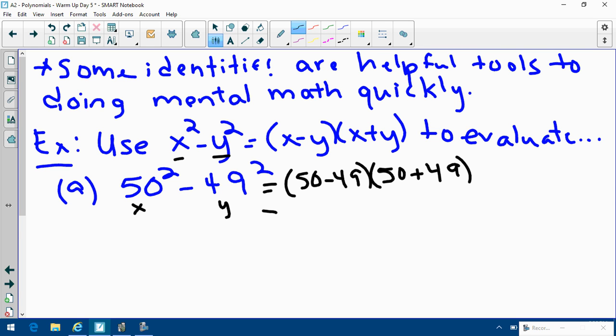Now look at this. This is way easier to do in your head. 50 minus 49 is what? 1. And 50 plus 49 is 99. So 1 times 99 is what I ended up with, which is 99. So I did that pretty easily.